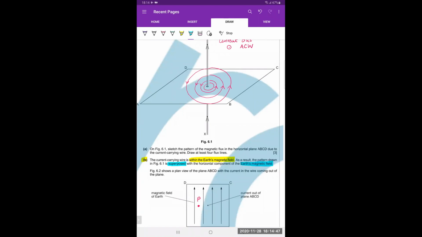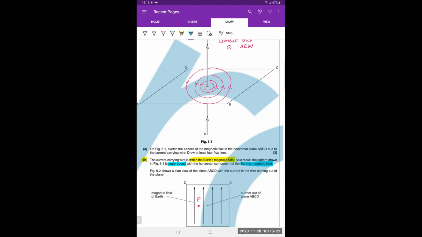The question is saying that since this wire is within the Earth's magnetic field, therefore, the field pattern drawn around the wire is going to get superimposed on the Earth's magnetic field. It then goes on to say, figure 6.2 shows a plane view of the plane ABCD with the current in the wire coming out of the plane.